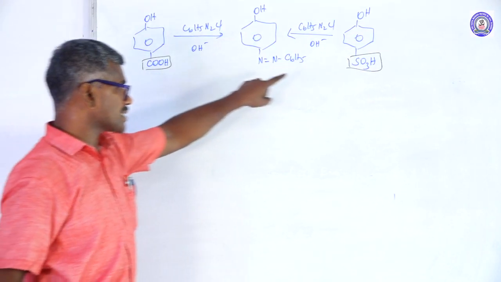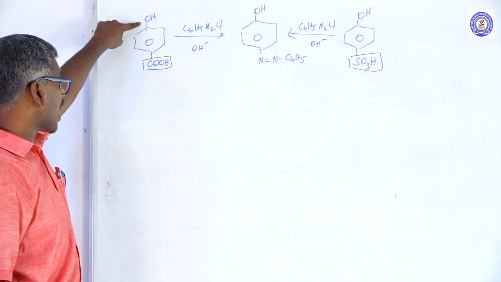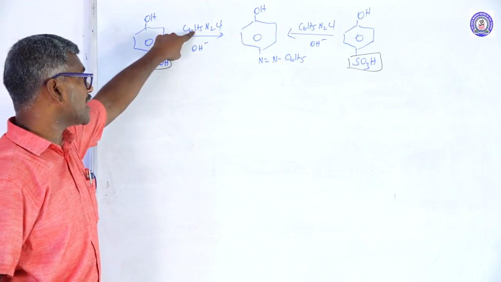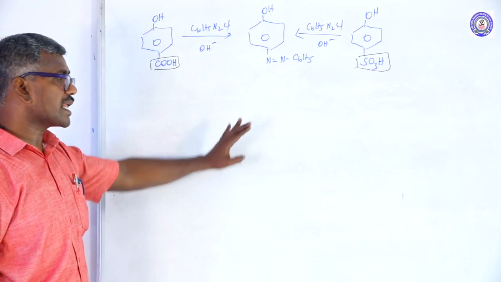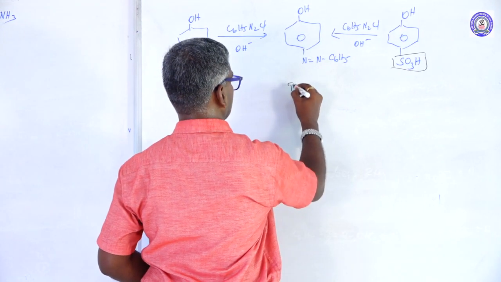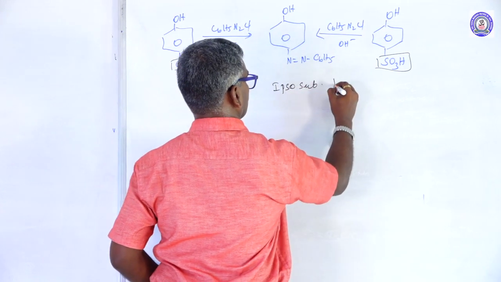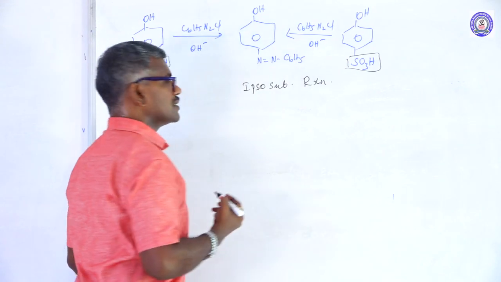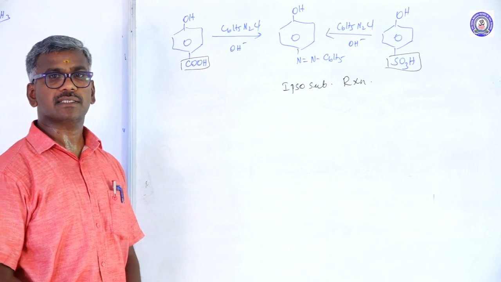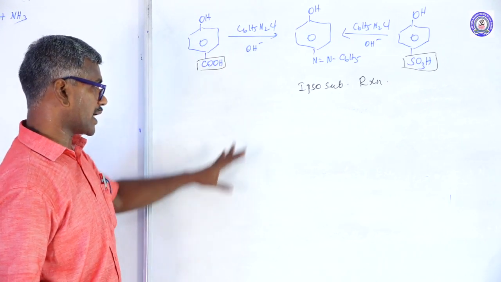If carboxylic acid or sulfonic acid is present at the para position of the OH group, this group can be replaced by the benzene diazonium compound. This reaction is known as ipso substitution. Generally, an ipso substitution is a nucleophilic substitution reaction, but this reaction undergoes aromatic electrophilic substitution.